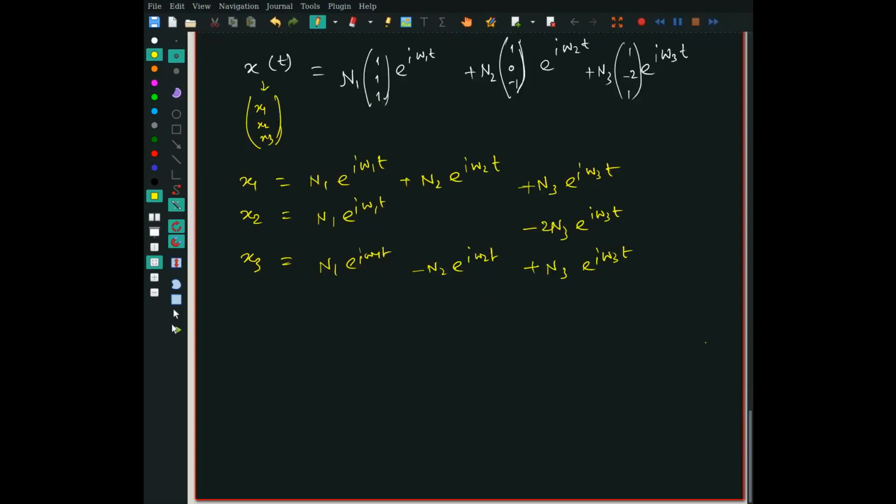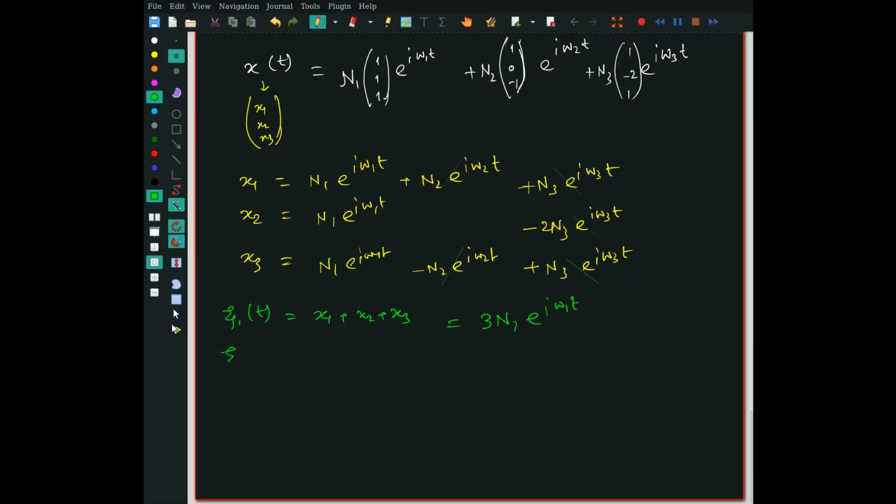So now if I want to find the normal coordinates, one of the normal coordinates I can easily write down as xi1(t), and it would be just x1 plus x2 plus x3. If you do x1 plus x2 plus x3, you see that this one cancels out, and this cancels out. You are just left with 3n1 times e to the power i omega 1t.